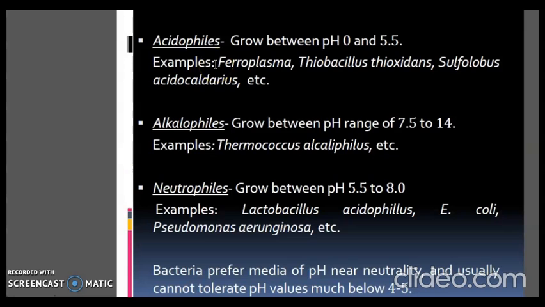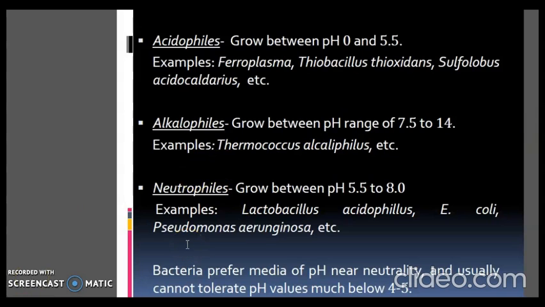These organisms require very low pH, that is high acidity. And the next one is the alkalophiles or the basophiles, which is having a growth range of pH between 7.5 to 14. And the examples include Thermococcus alkaliphilus.